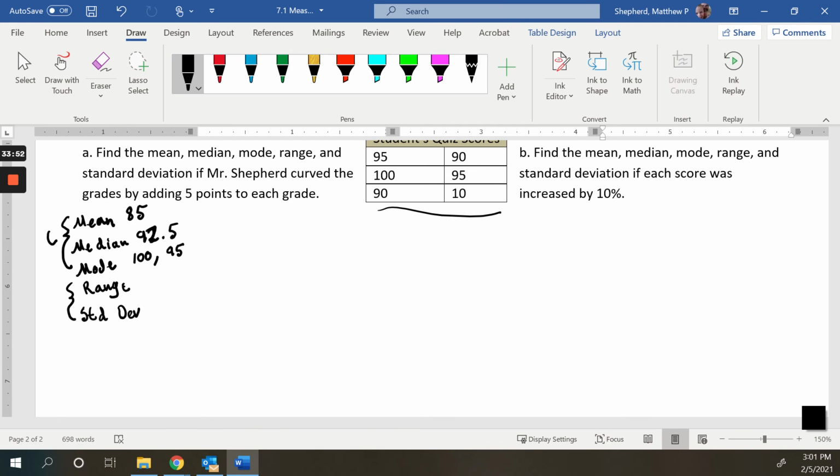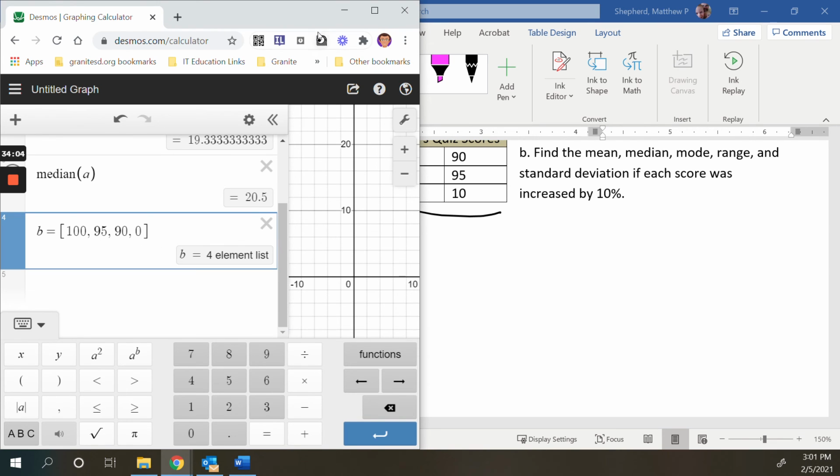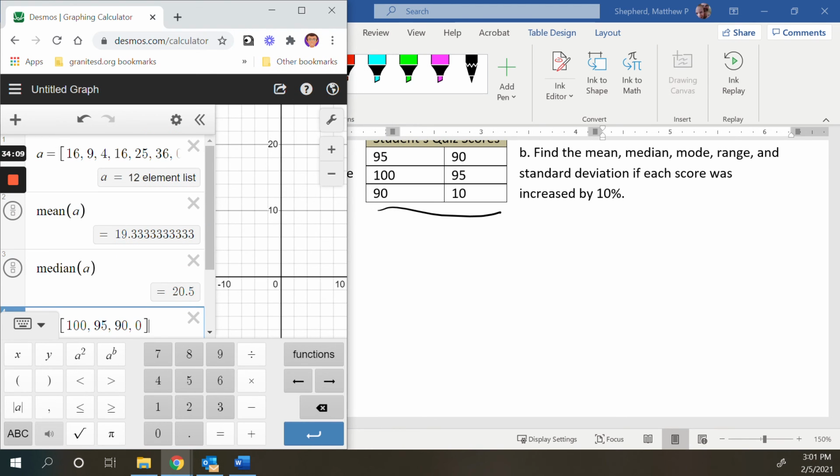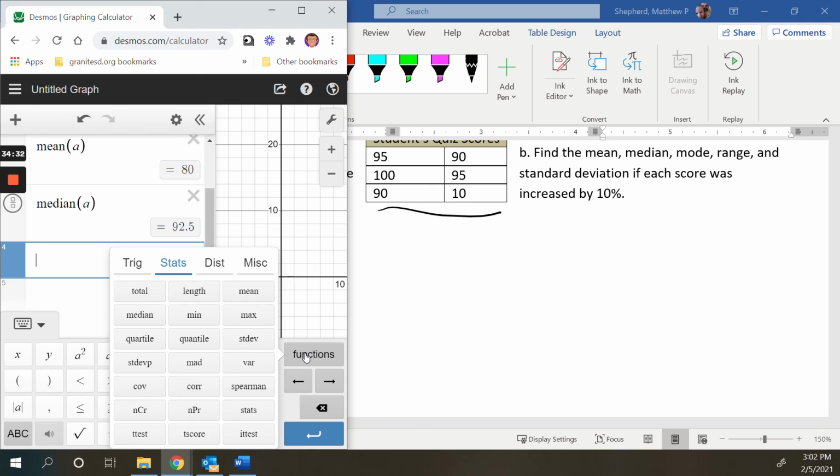Now, as far as range and standard deviation goes, those wouldn't change. So I could even go ahead and just find those numbers for the original data set, and that would help me to know. All right, so we've got mean and median in there, but we need another thing. So I'm going to come over here to functions.